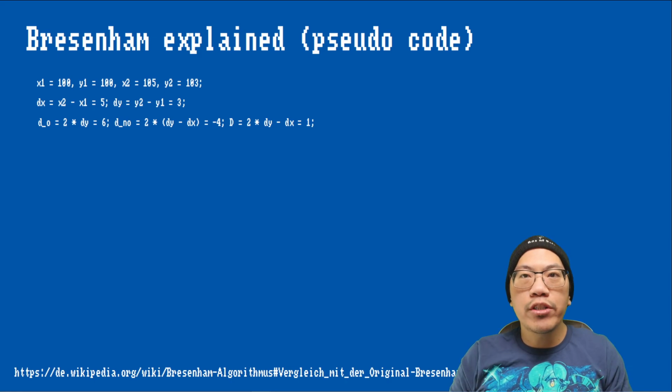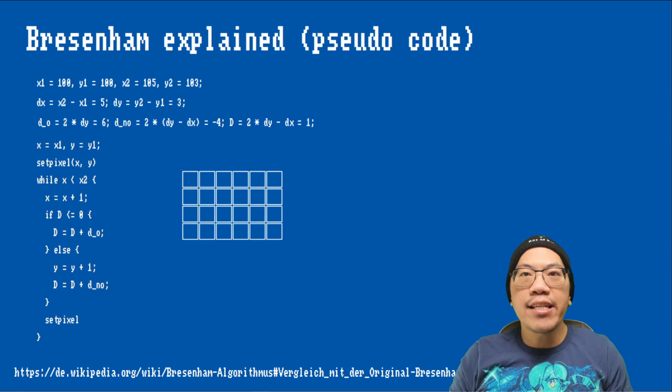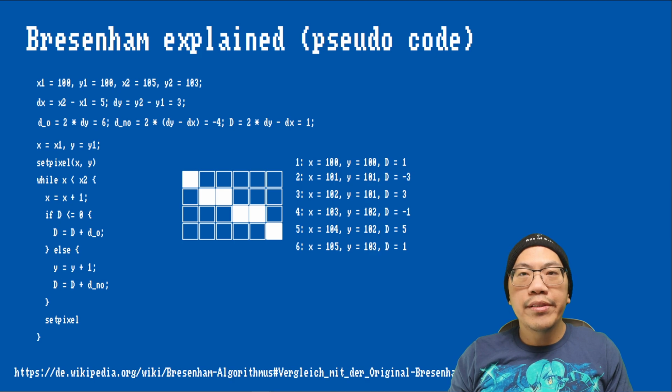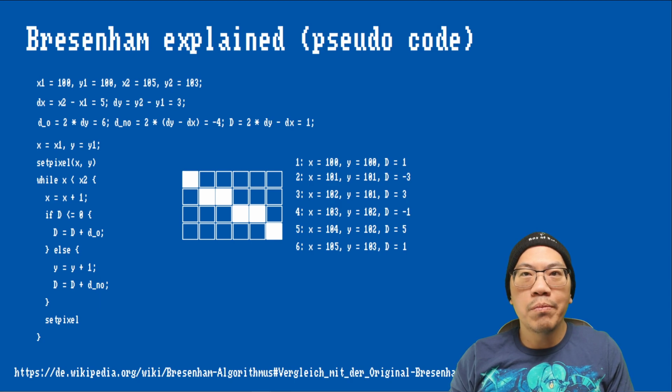The algorithm works such that we initially set x and y to x1 and y1, increment x within a loop, and increment y whenever the decision variable is greater than 0. We update the decision variable d depending on whether it is greater than 0 or not, and draw a pixel at position x, y in every iteration until x becomes x2.